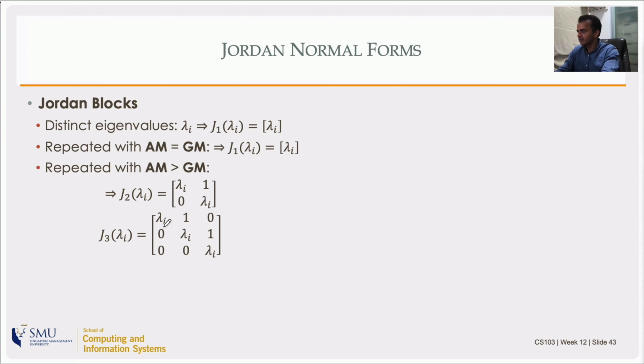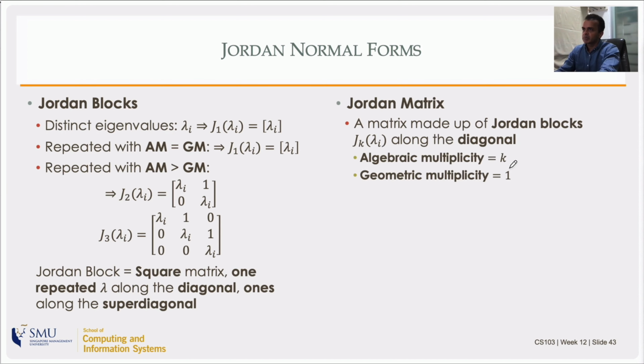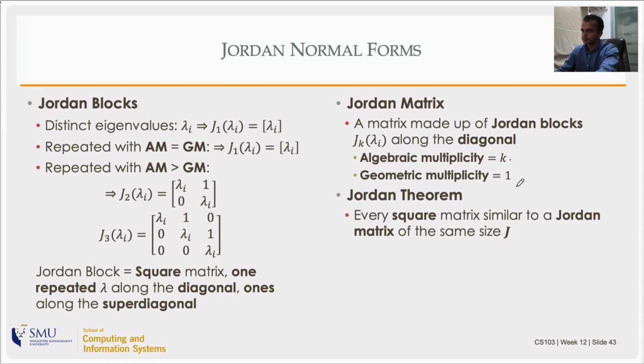So here for J3, I have an algebraic multiplicity of 3, but the geometric multiplicity is still 1. So Jordan block is a square matrix. The repeated eigenvalue will be along the diagonal, 1 along the super diagonal, which is just one row and one column above the main diagonal. And each Jordan block will have an algebraic multiplicity same as its size and a geometric multiplicity of 1. So algebraic multiplicity is k, the size, and geometric multiplicity is 1.